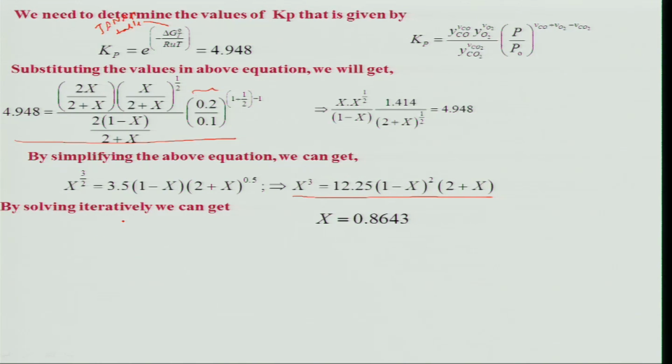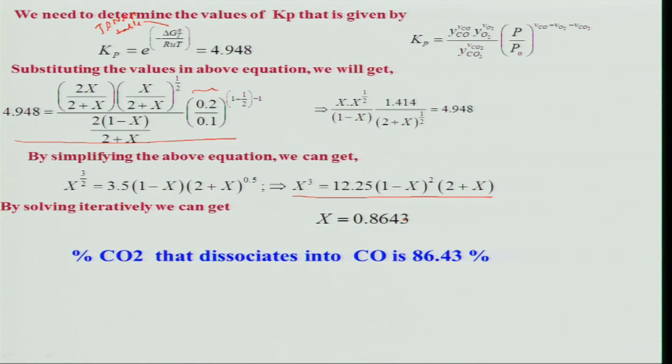So, iteratively if you solve this equation, you get x is equal to 0.8643, that means the percentage of carbon dioxide that dissociates into CO is basically 86.43%, and you can get other compositions as well. It is a major one at this temperature. If temperature is low, what will happen? Naturally, this percentage will be much lower, right. If you consider the ambient temperature, nothing really will be happening, right.